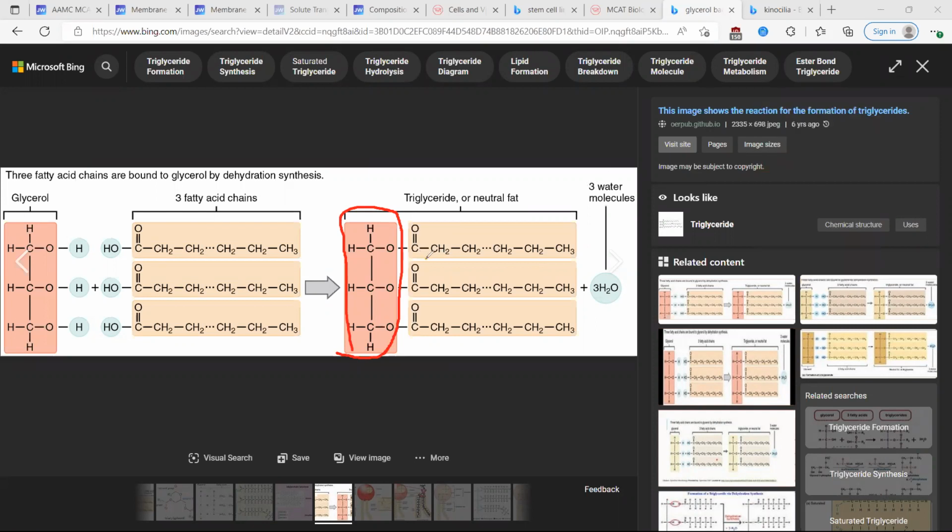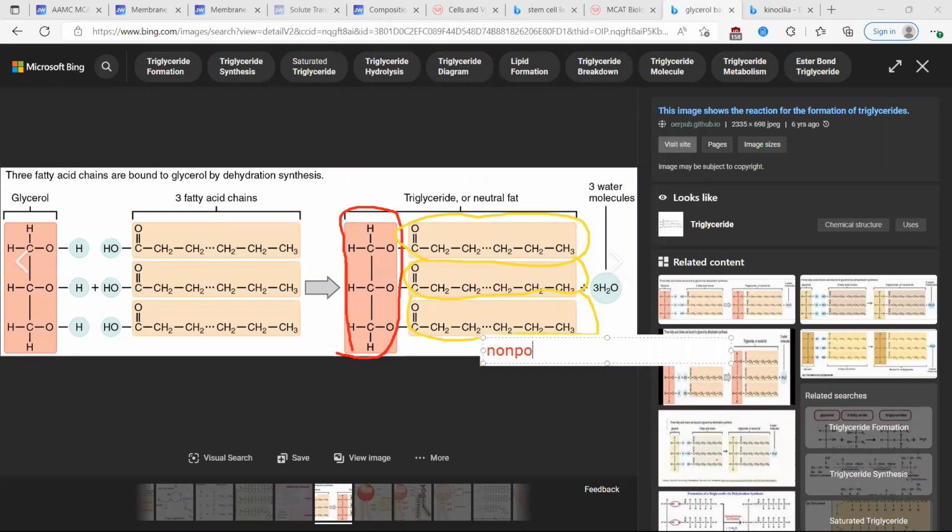The chains are just straight up long hydrocarbon chains. And those chains are just carbons, right? So when you have these long carbon chains, these guys are nonpolar.